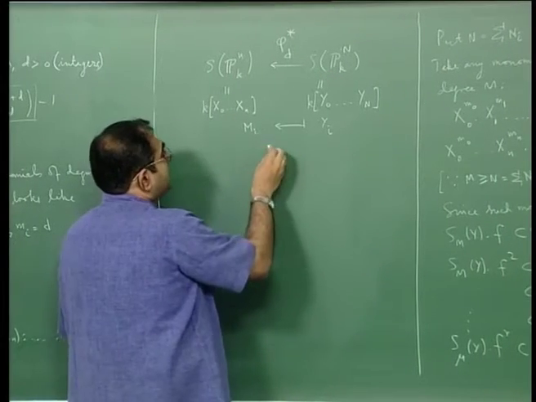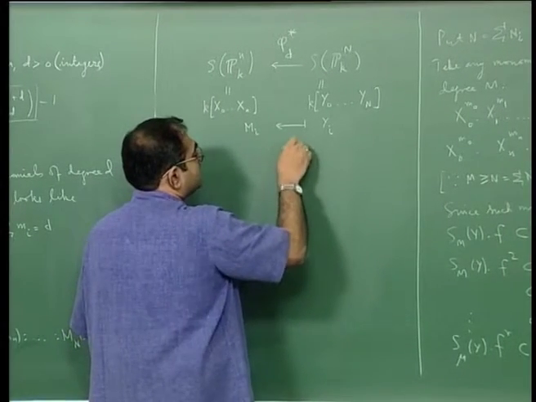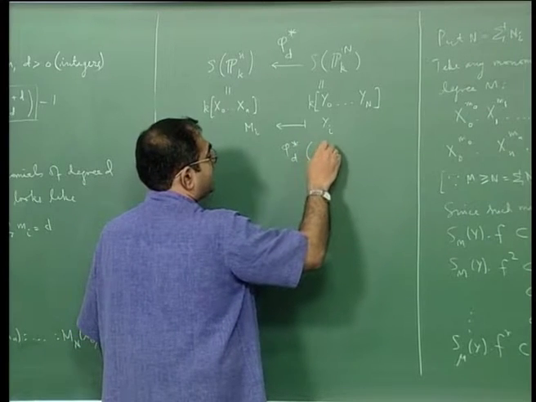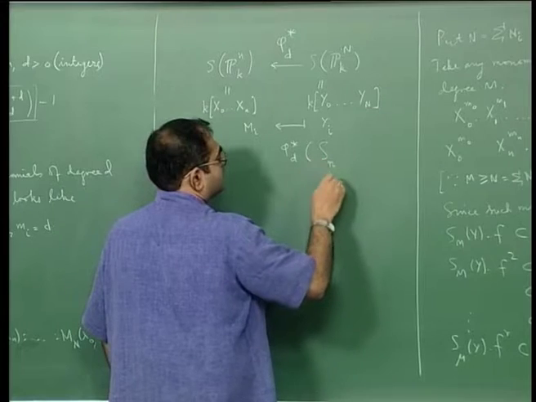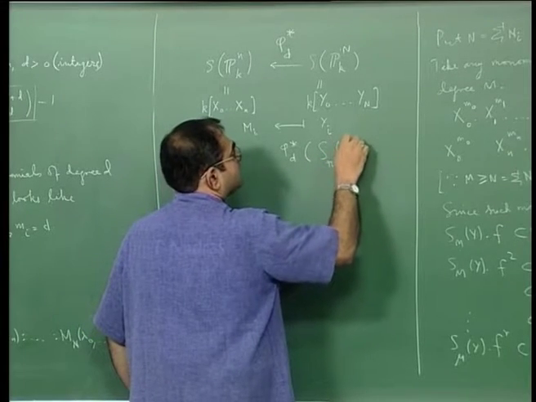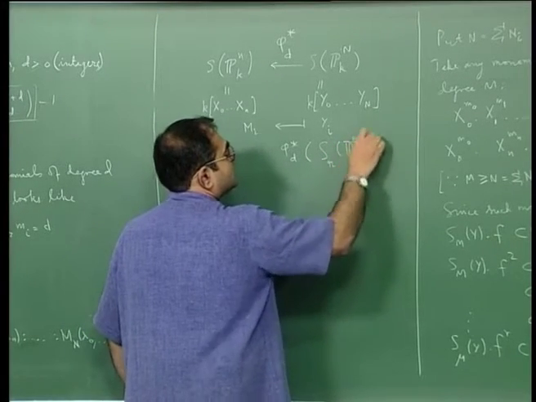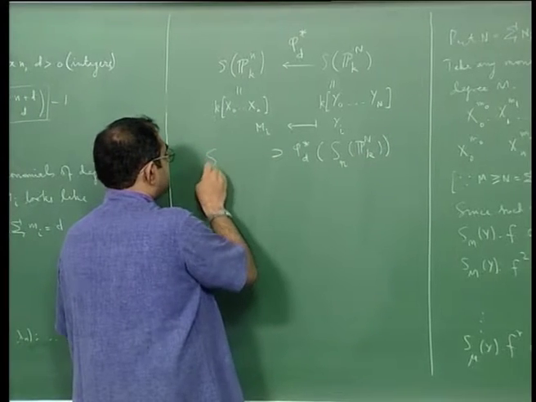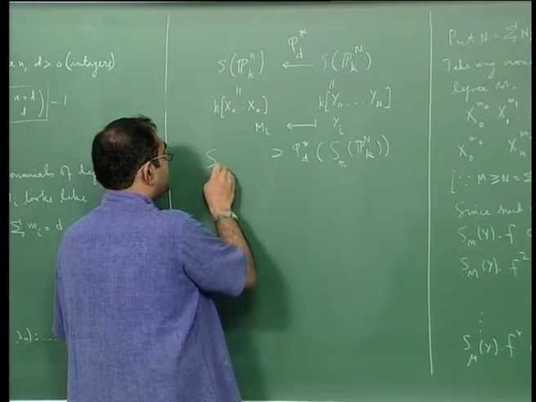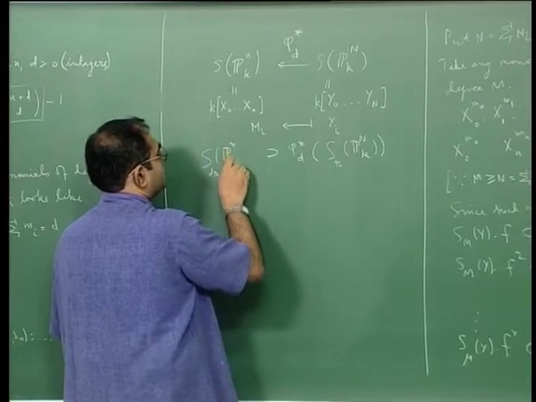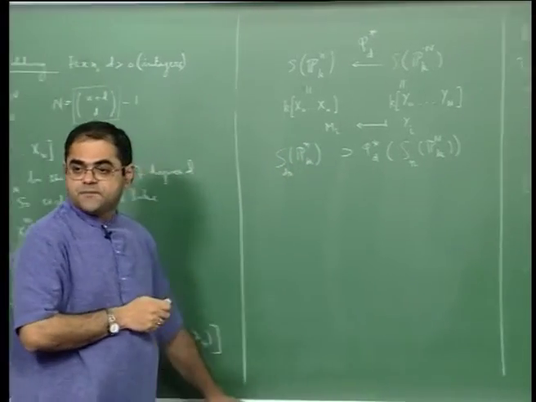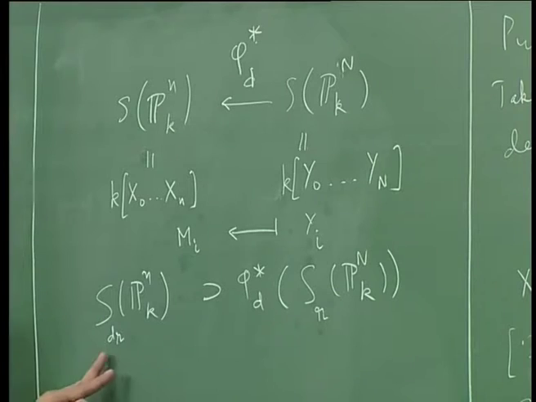So φ_d^* of, if I take S_r, the degree r part of P_n over k, this will land inside S_{rd}, the homogeneous part of the small p_n over k. This is what is called a graded homomorphism.